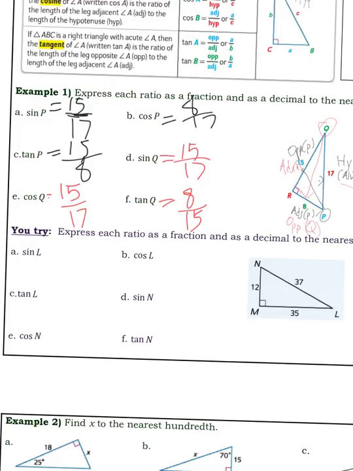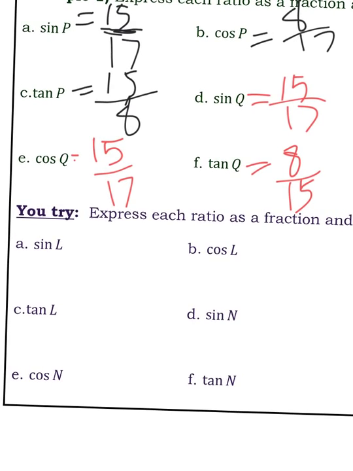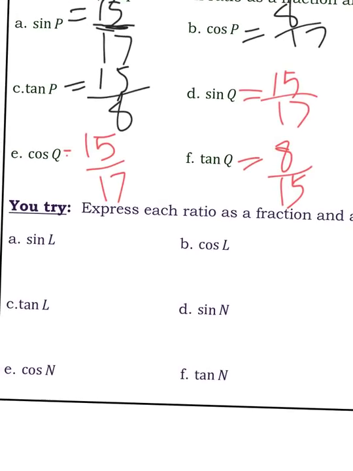So if you'd like, go ahead and try the next one on your own. So pause it because I'm just going to keep on going. If I were to express a fraction for sine L, what's opposite of L? Because I'm going to use the opposite and hypotenuse. 12 is opposite of L, and hypotenuse is 37.